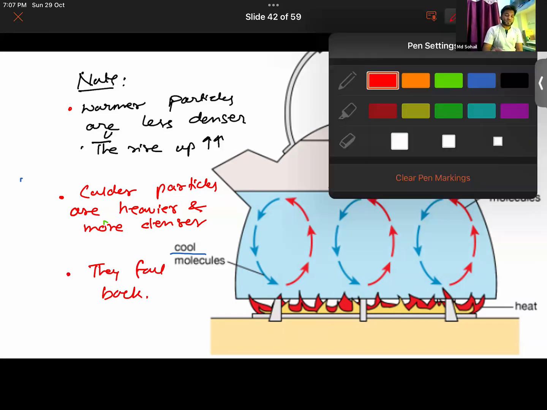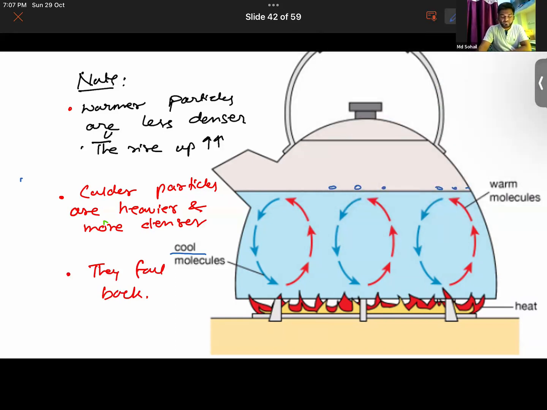Now come to this kettle. Look at this kettle over here. What is happening? The molecules of the water which are at the bottom of this kettle are in close contact with the source of heat, right? Thereby they will be warming up.